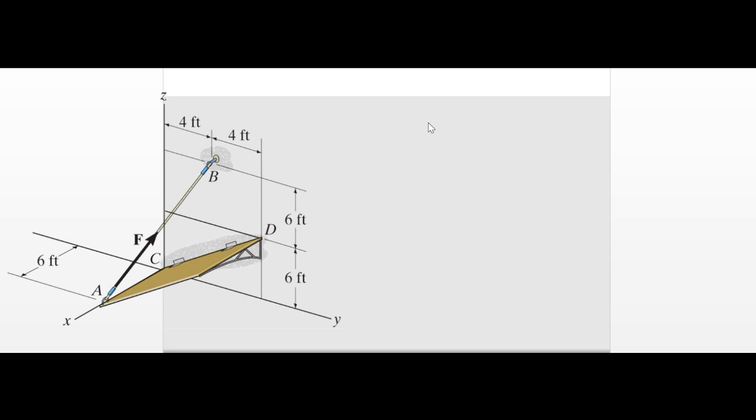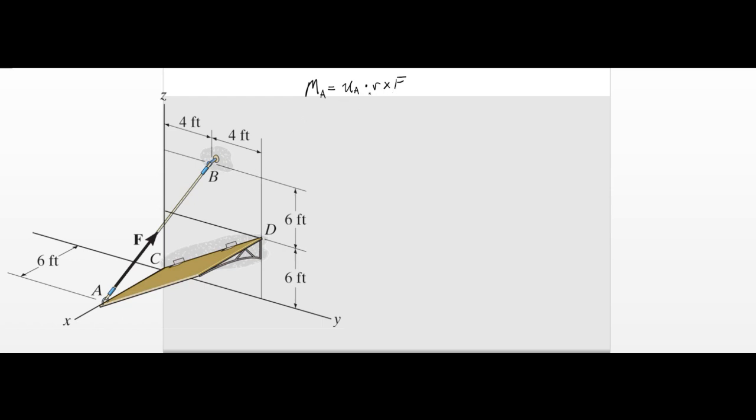The way of doing that is a different way of doing the moment calculation. The moment about some axis is equal to the unit vector along that axis, dot product with r cross F. This is a convenient form, but we need to translate it to this particular problem.